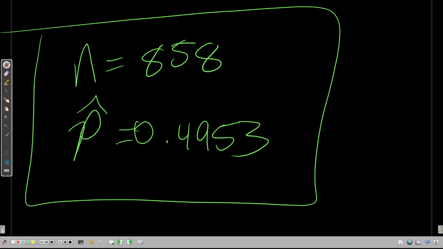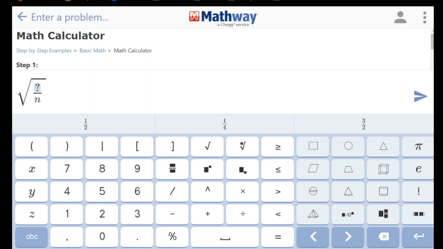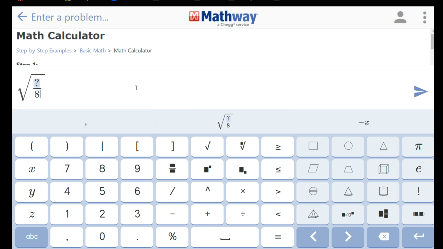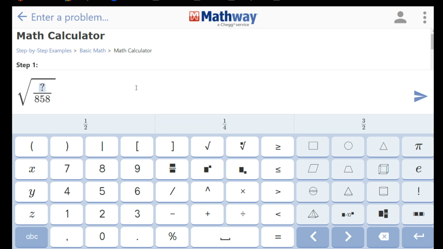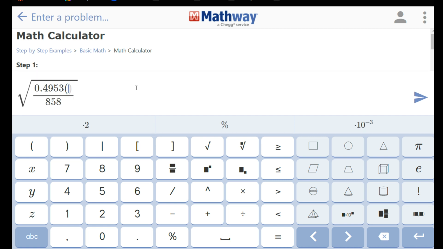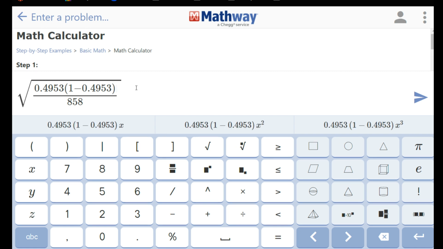So now switching back over to Mathway, with n being 858, that's what will go down here. And up in the numerator, that quantity is p hat, so it's 0.4953, but then it's times 1 minus p hat. Okay, so that's the square root of p hat times 1 minus p hat over 858.